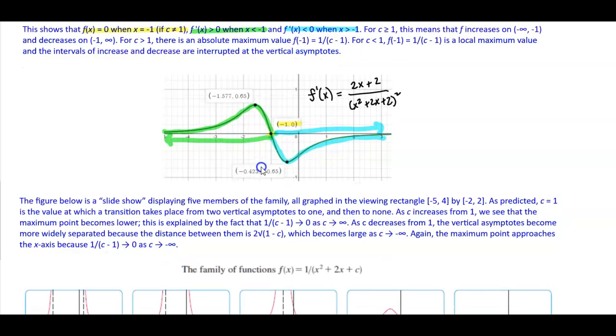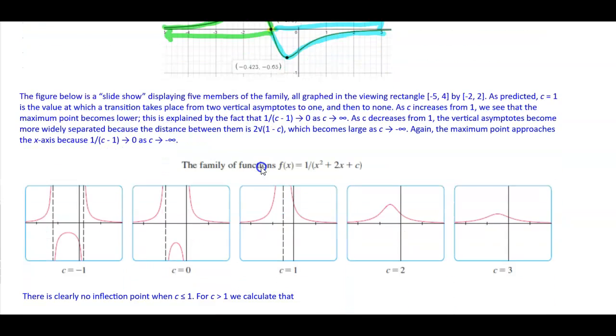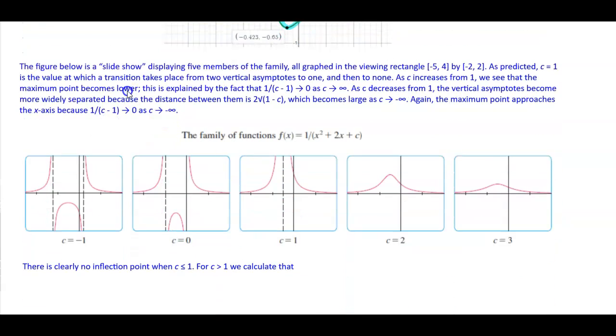So now, if we take a look a little further, okay, the figure below is a slideshow displaying the 5 members of the family, all graphed in the viewing rectangle between negative 5, 4 and negative 2, 2. So as predicted, if we look at c equal to negative 1, this is the value at which the transition takes place from 2 vertical asymptotes to 1 and then to none.